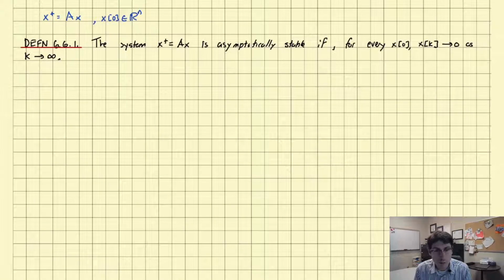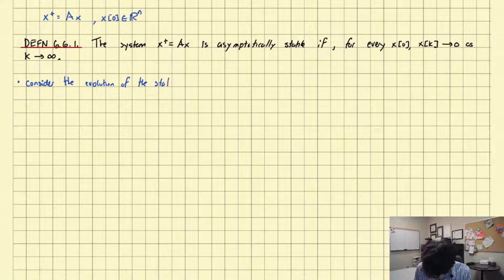Okay, so how do we test for asymptotic stability? Consider the evolution of the state starting from x0. So what do we have?